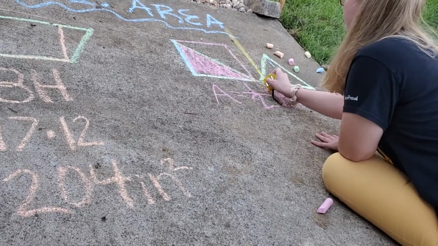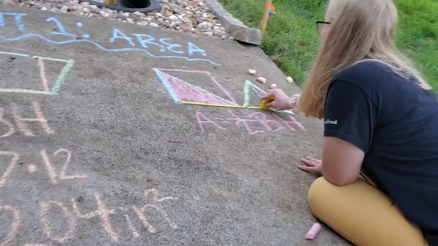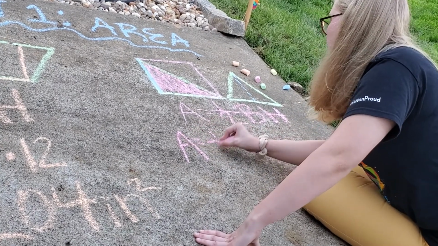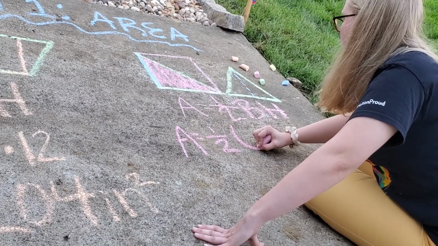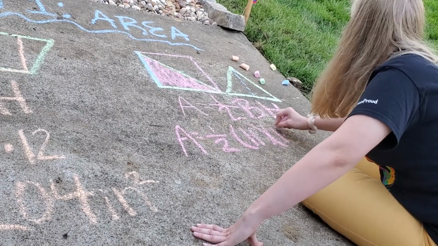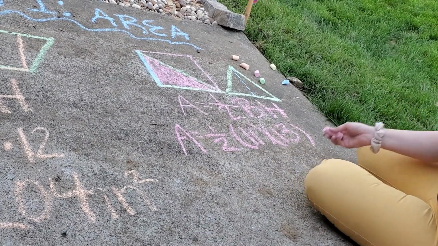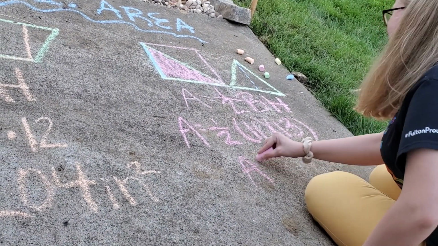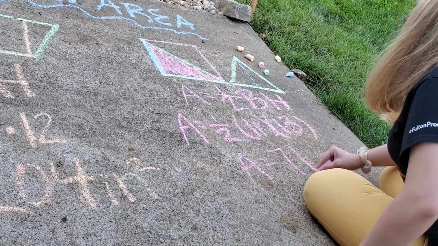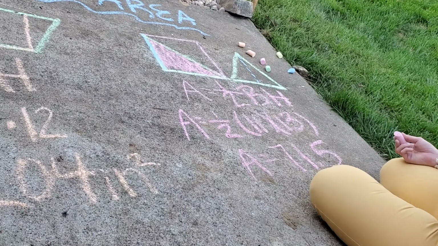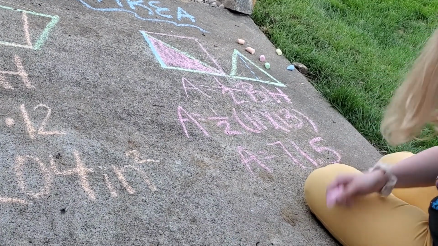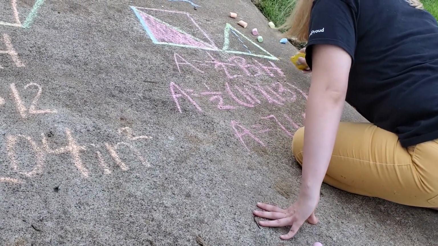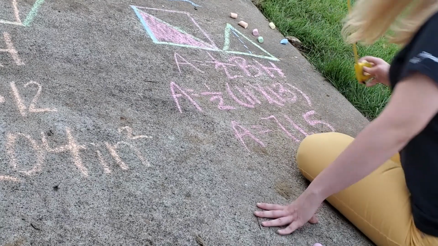The height is going to be 13 and the base is 11. All right, and so that's going to give us an area of a decimal, 71 and a half. Perfect. Now, for the next triangle, we have a height of 11 again, and a base of 10 this time.